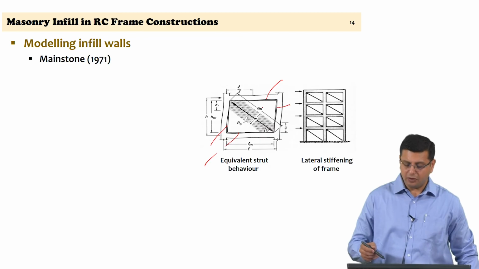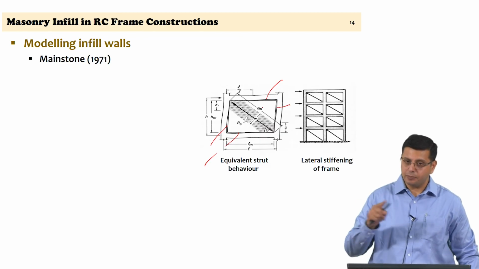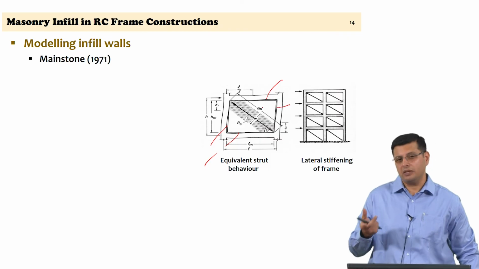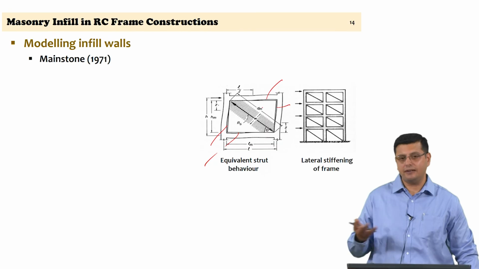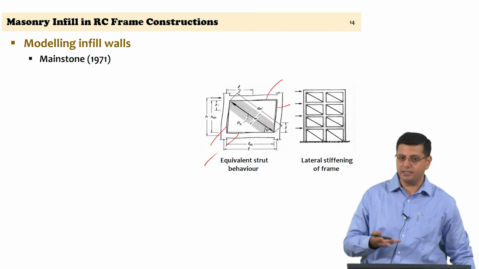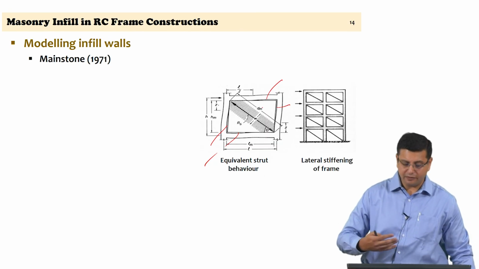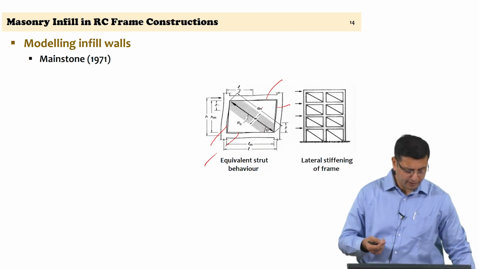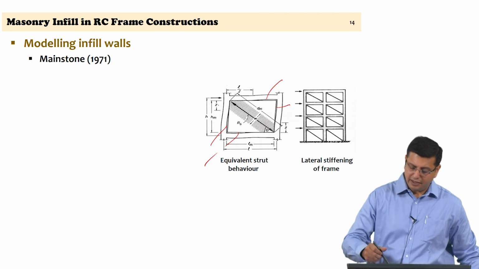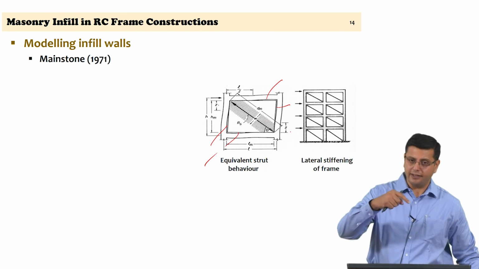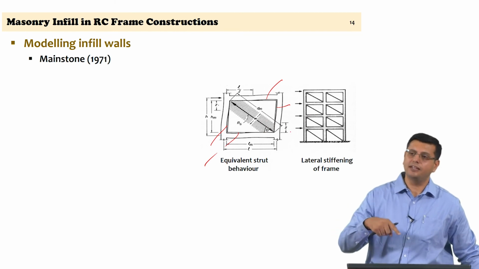Important parameters here are definitely the aspect ratio of the wall. What is the panel's slenderness ratio? When slenderness ratios are between 12 and 20, we are comfortable that it can give a significant stiffening effect, and the length of the strut is taken as the length of the diagonal itself.